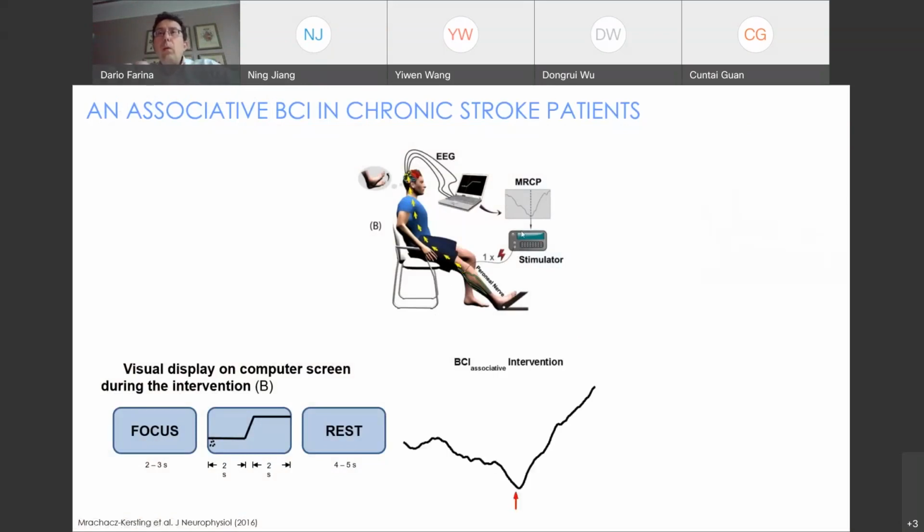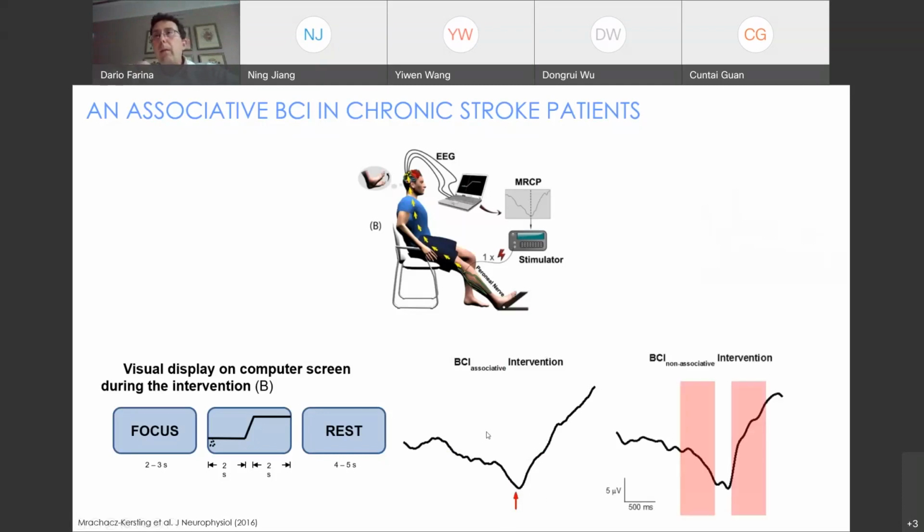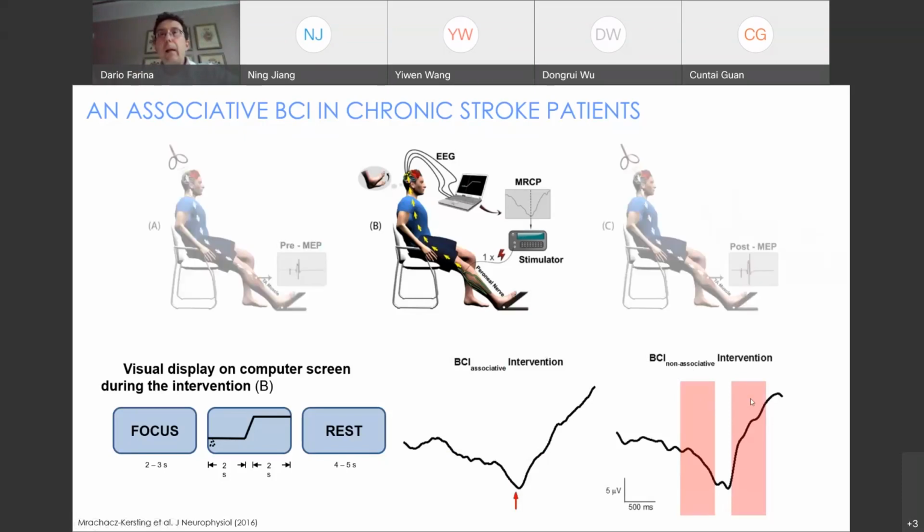And we had two groups of patients. One is the intervention group, in which we used our physiological results so that we have stimulation around the peak negativity, where we expected to have an effect. And then we have the control group of stroke patients in which the stimulation was provided randomly in the intervals that are either before or after the peak negativity.